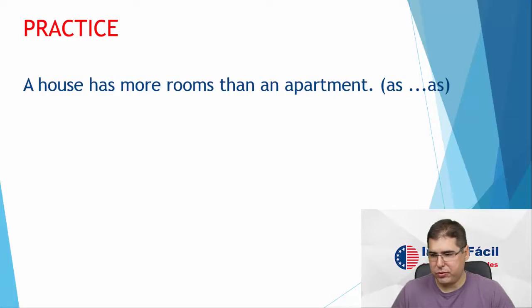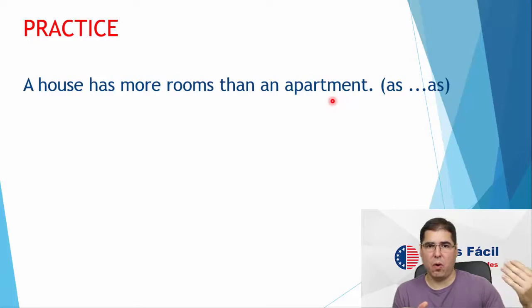Okay, let's practice. Now, a house has more rooms than an apartment. Now I want to do the same comparison but using as, okay? So first of all, they are not the same, right? The house has more rooms.